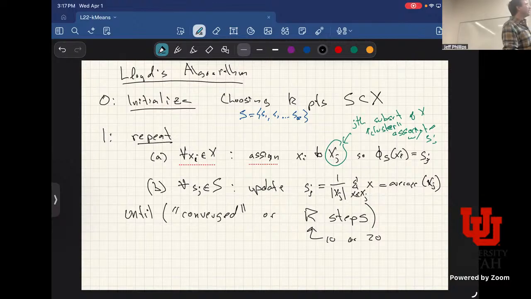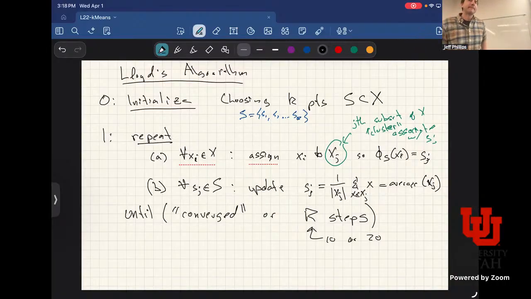Once I've reset the sites in step B, I can go back to step A and repeat, and now there might be some new assignments. These assignments may update because I've changed the location of the representative point, and this process can iterate. And usually I either can detect that it's converged, or I say I've run for 10 or 20 iterations, and at this point I'm pretty satisfied, I'll stop.